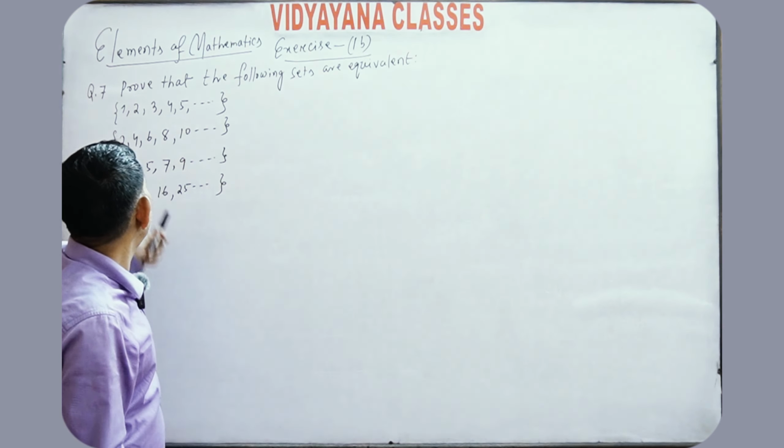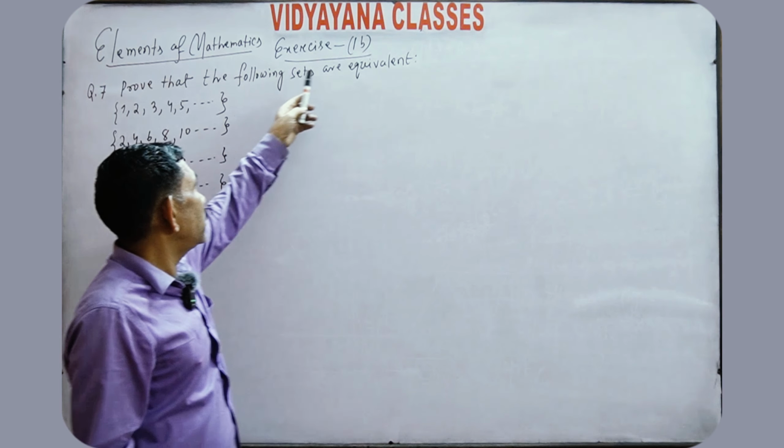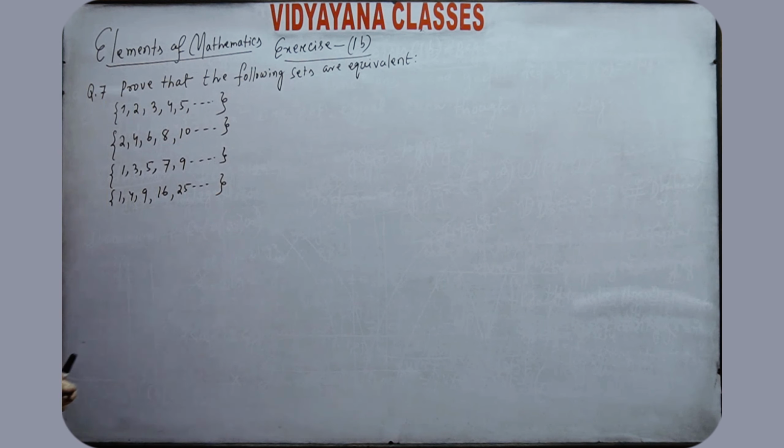Next question. Elements of Mathematics, exercise 1B, question number 7. Prove that the following sets are equivalent. What are equivalent sets?